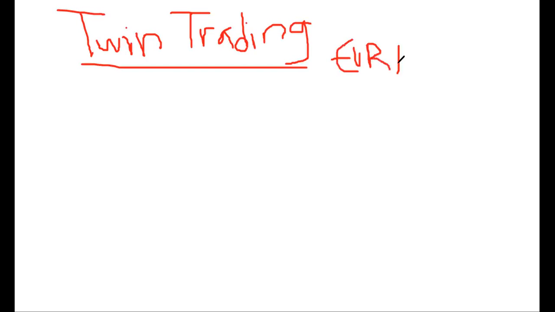And probably what you have for Euro AUD is a pending order, not a market. You are not using market execution now, you are using a pending order. Let's say your pending order is buy stop.